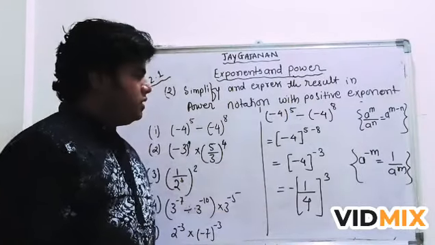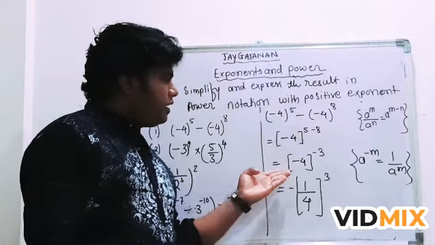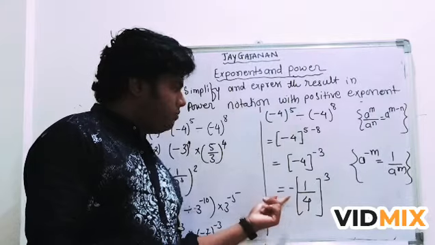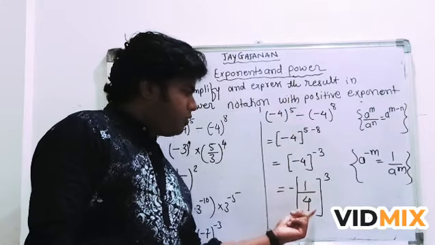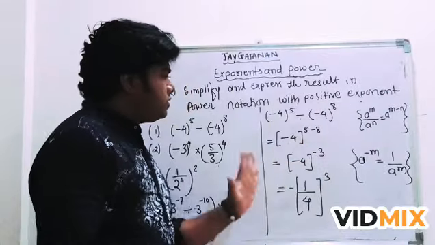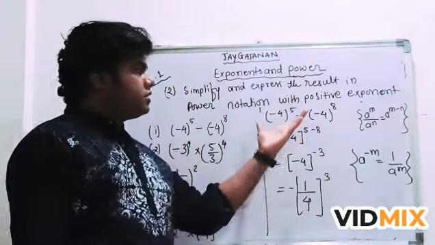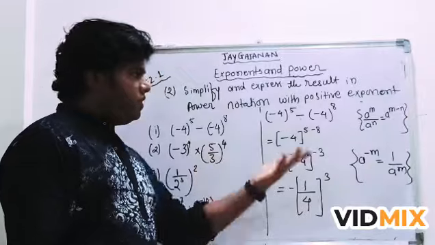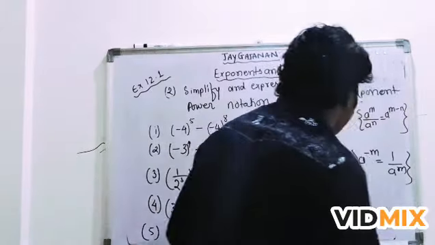Alright. So this way we can solve this problem. 1 upon minus 4 cubed, this is a power notation and it is positive also. So hence we are done with the first problem. Just write it down in your copy. We'll now move to the second question.